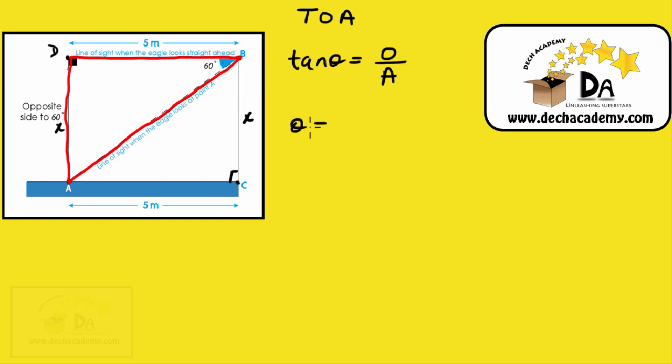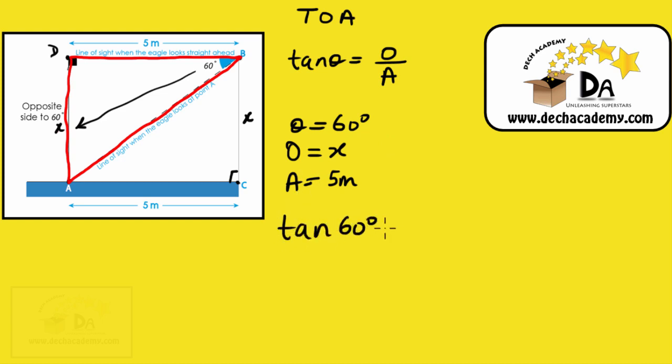The theta here is 60 degrees, the angle of depression. The length of the opposite side is X, and the length of the adjacent side is 5 meters. So, using SOHCAHTOA, the tangent of 60 degrees is equal to X over 5.